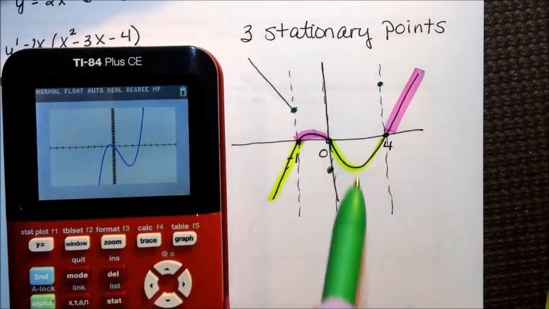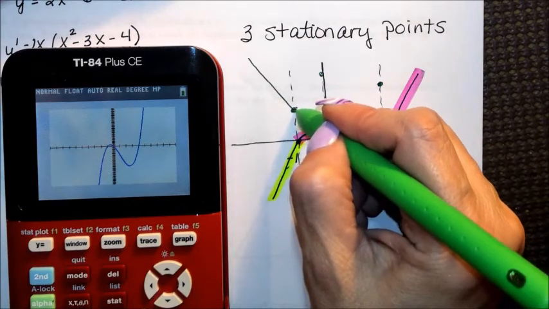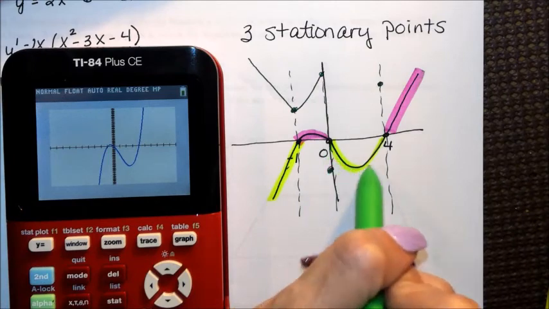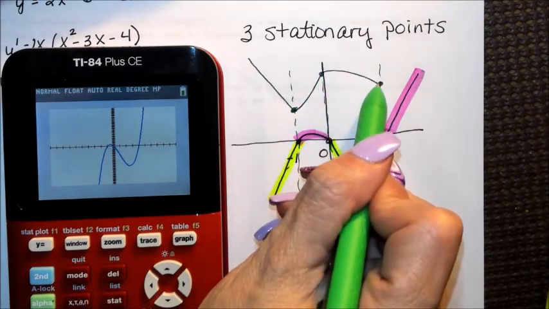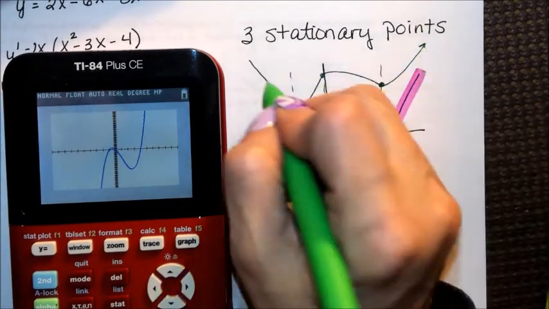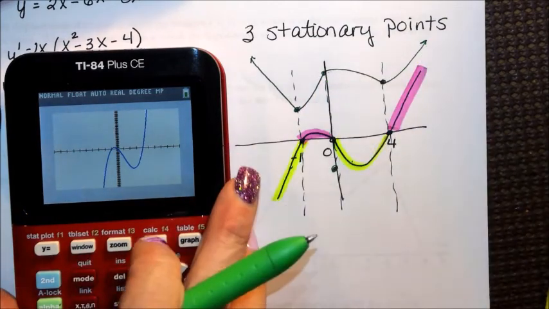And then it starts increasing to here. And then during this interval from 0 to 4, it's decreasing. It's got a negative slope. And then it comes back up forever this way. So my graph looks something like that if I were to graph it in my calculator.